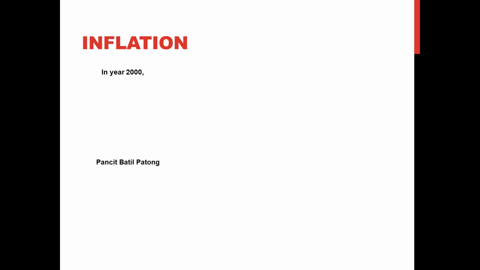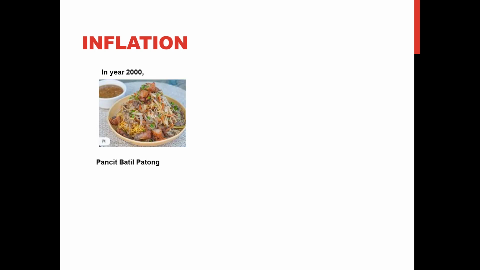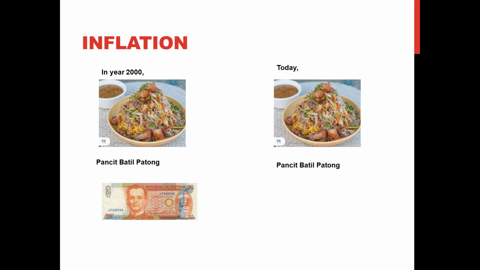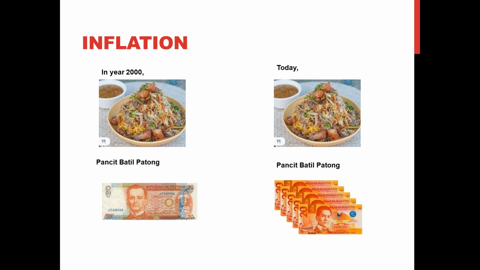In year 2000, a pansit batil patong would cost 20 pesos. Today, the same pansit batil patong would cost five 20 peso bills. So in short, the price before is 20 pesos, and today you can afford a pansit batil patong at 100 pesos. So what's the meaning of that?